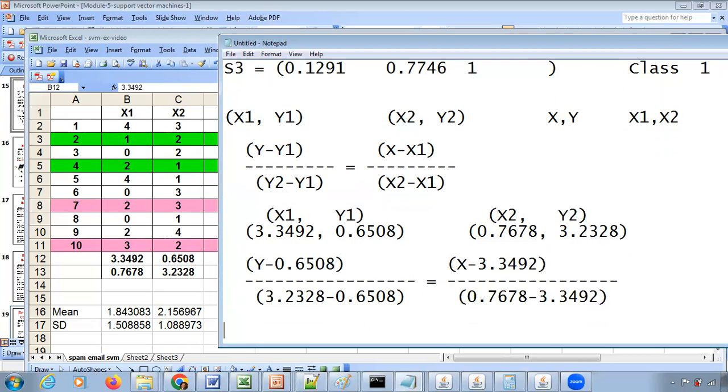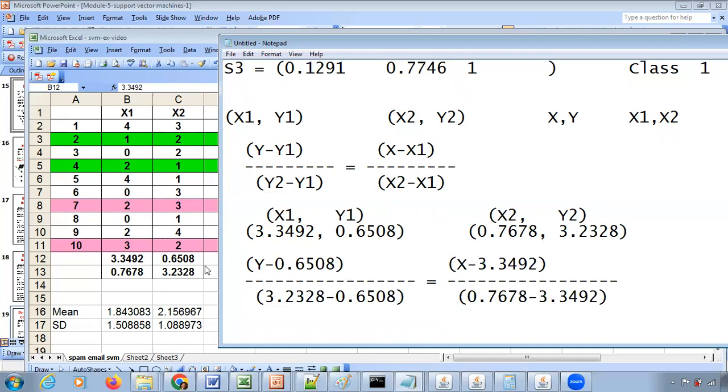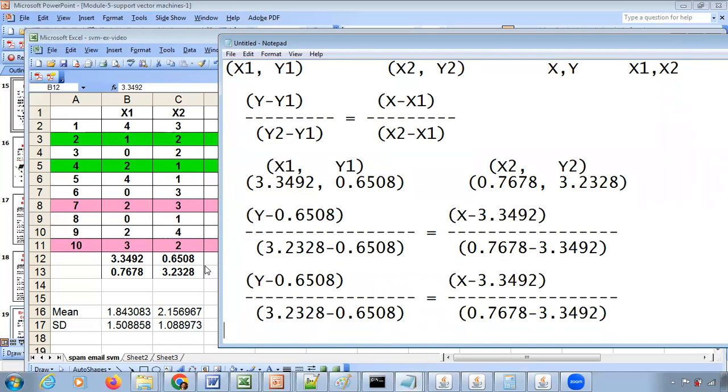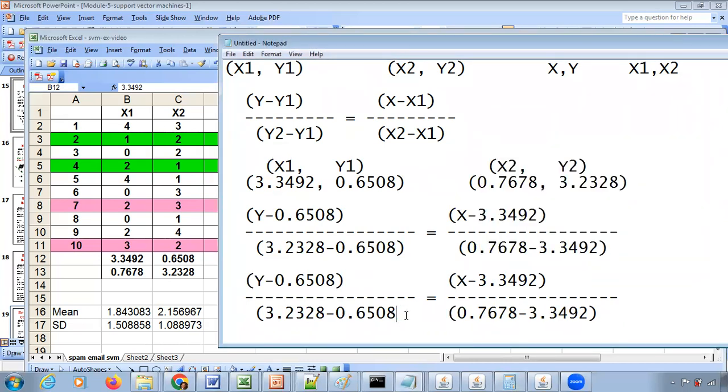So if you simplify the math involved in this, we get the equation. Let's simplify this here. 3.2328 minus 0.6508 is 2.582.